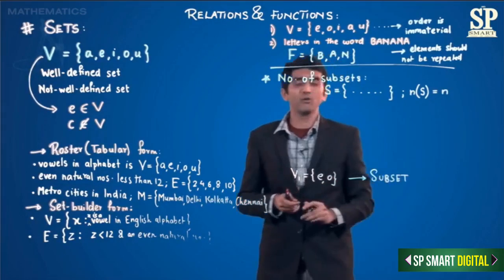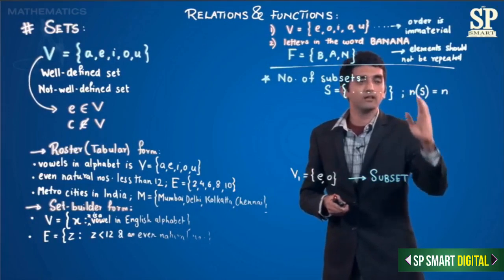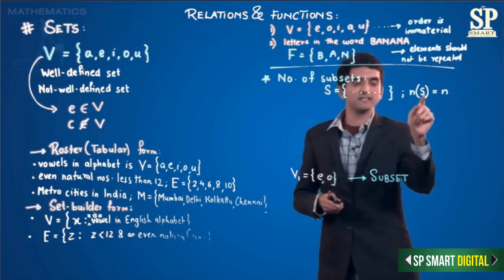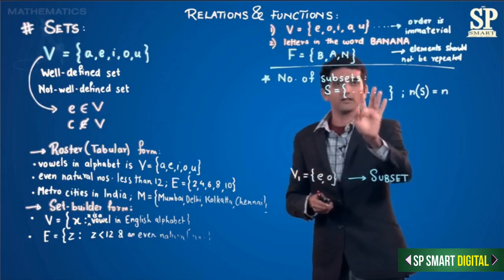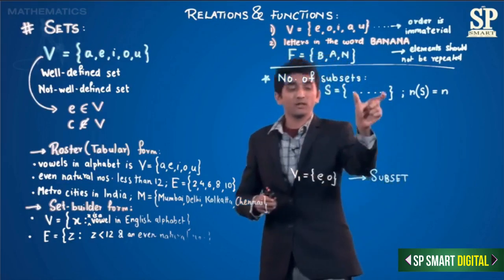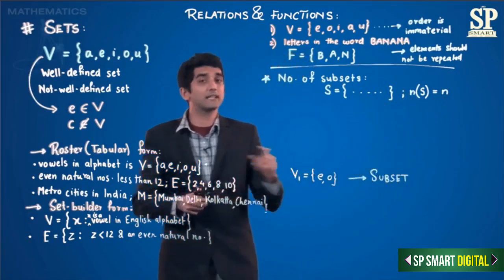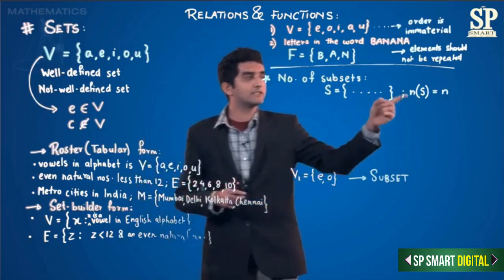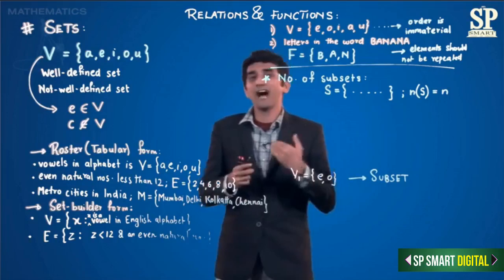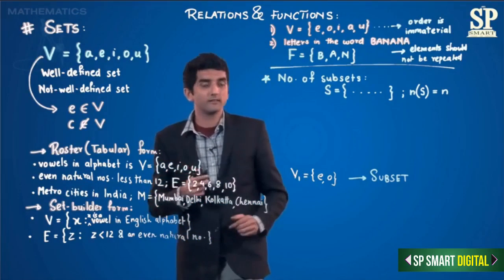This is the way we write the number of elements in a particular set, right? n, round bracket, we write the set name, as we can see here, S is the name of the set defined by a particular condition. There are n elements in this. We don't need to worry right now what is the condition and what are the elements. The important thing we need to understand is there are n elements in this particular set, right? So we want to figure out how many subsets we can form with this particular set, right?